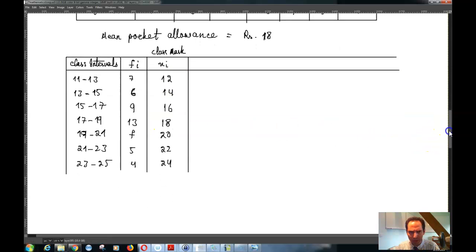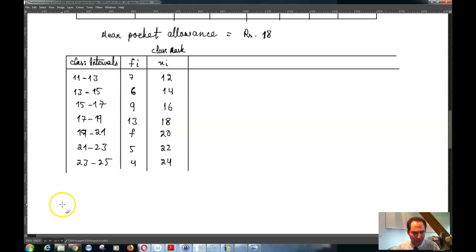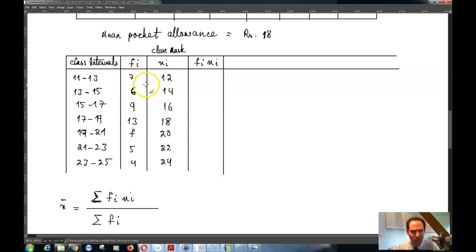Now if I calculate my sigma, basically x bar is equal to sigma f of i times x of i over sigma f of i.